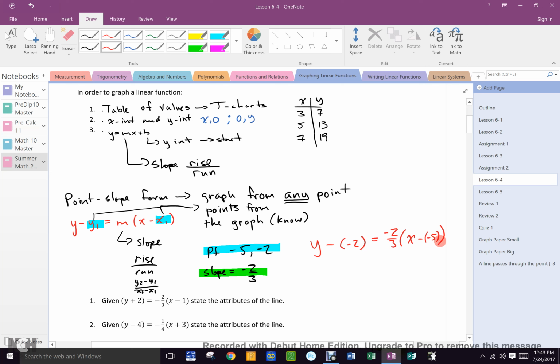Now, would we ever write this? What would we write instead? Plus. So this becomes y plus 2 equals -2/3(x plus 5).